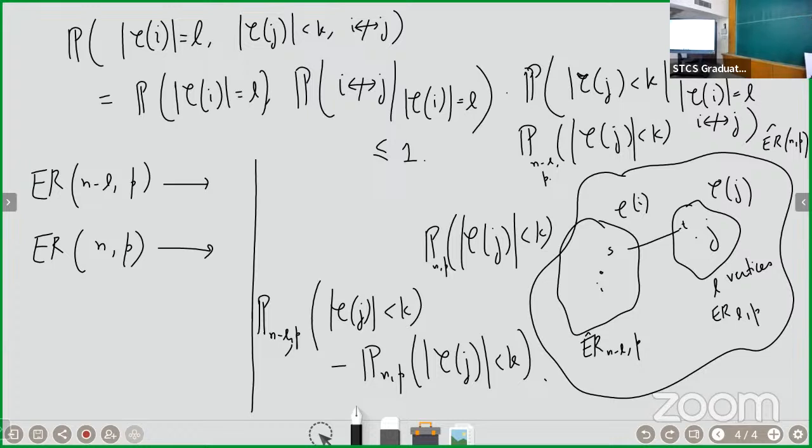You can upper bound it, that's also fine, or you can give an equality. But the advantage now is that you're on the same ground, so whatever intuition you have is actually the correct intuition.